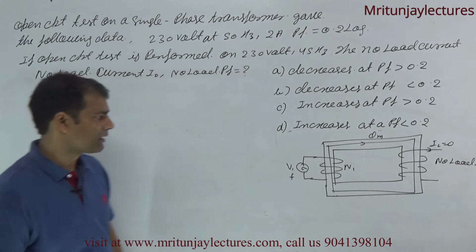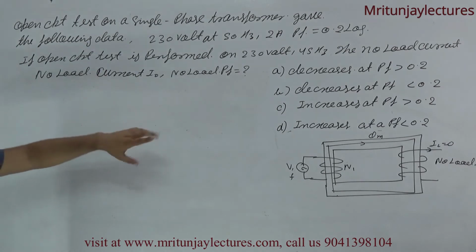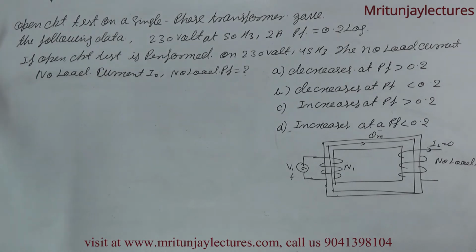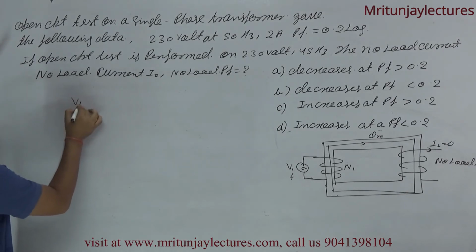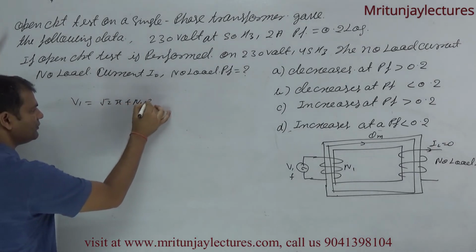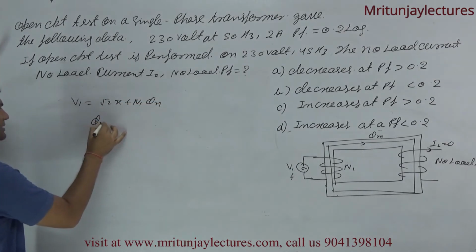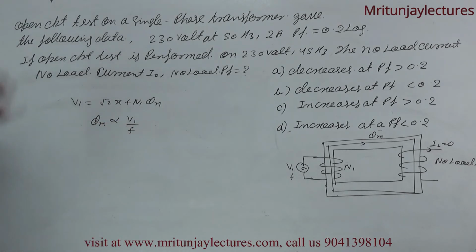Okay, now starting. First of all, this circuit is clear. What about phi m? You know that V1 equals root 2 pi f N1 into phi m, so phi m is proportional to V1 by f.